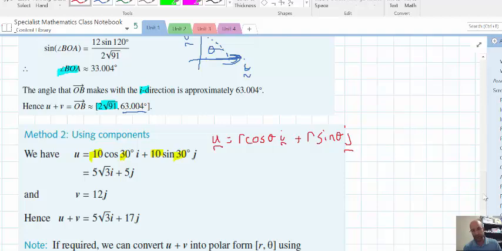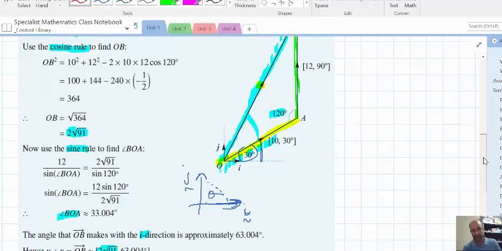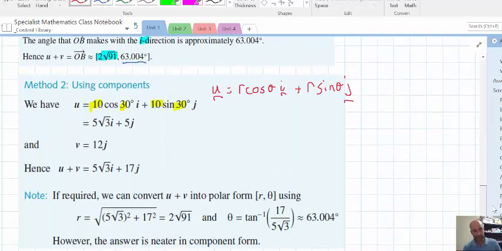Okay, so remember, r was 10 and theta was 30. There they are, right? So the next one will be the same for v involving 12 and 90.